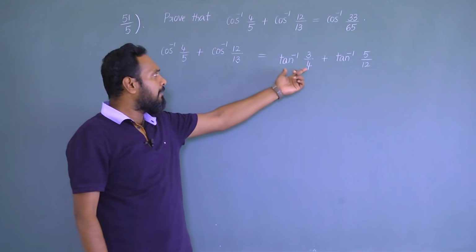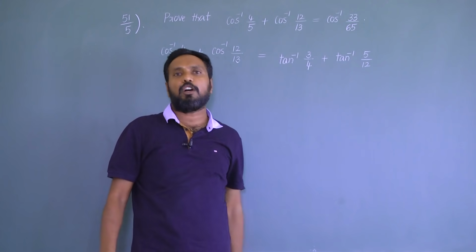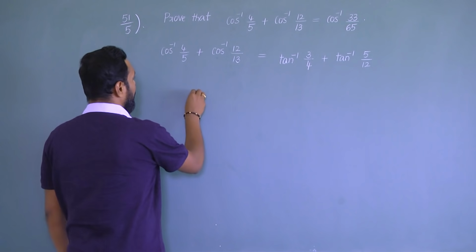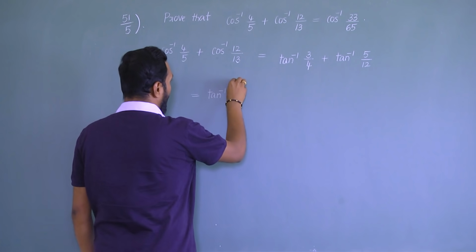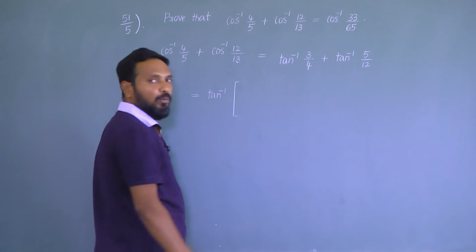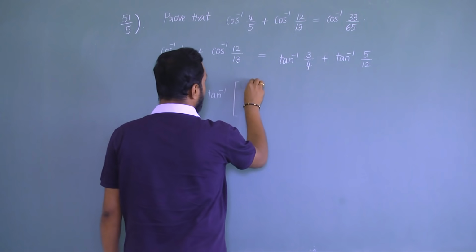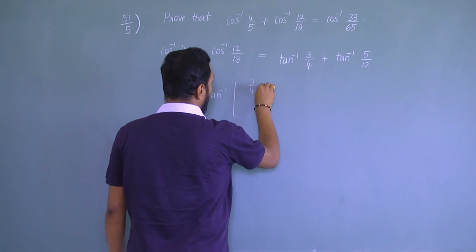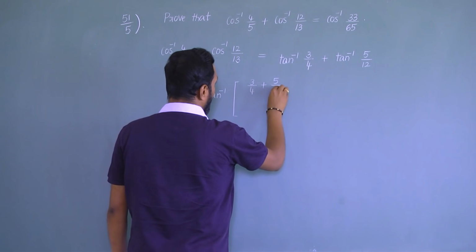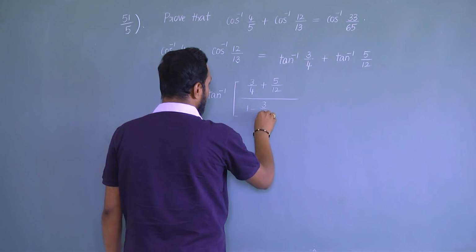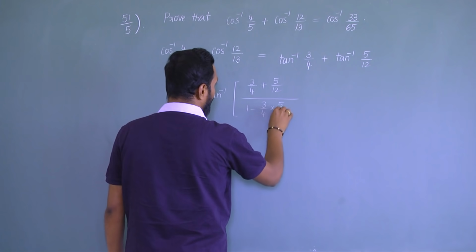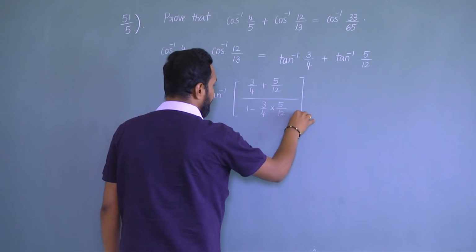Now, if you apply the tan inverse x plus tan inverse y formula, tan inverse of x plus y by 1 minus xy, that is 3 by 4 plus 5 by 12 divided by 1 minus 3 by 4 into 5 by 12.